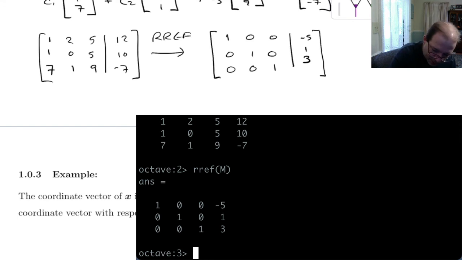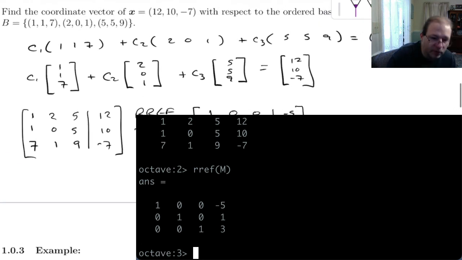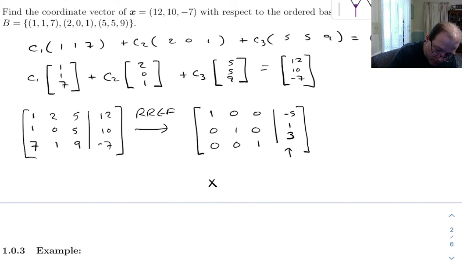And that's my coordinate vector. So let's see, what was this? It was called X. So X with respect to this basis, which was called B, is negative 5, 1, 3.